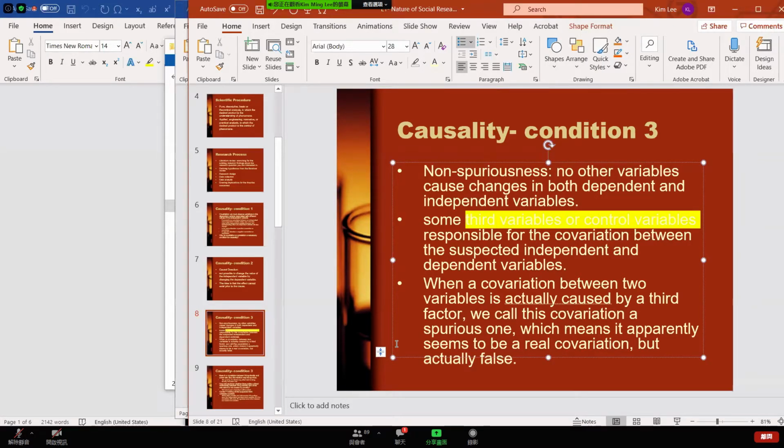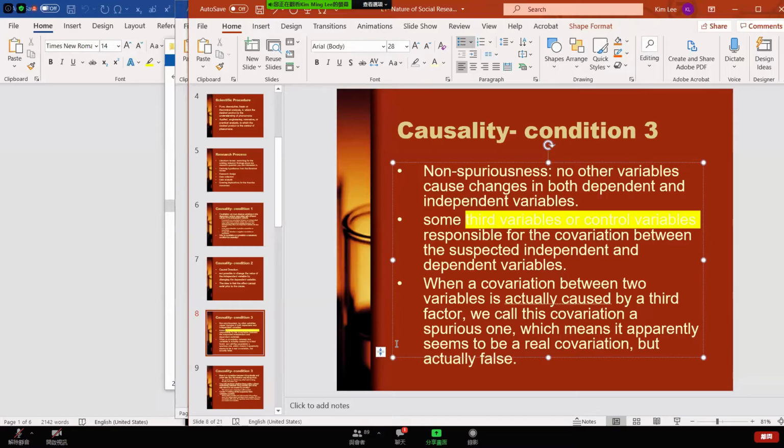Then you may ask, how do we know about those third variables or control variables? You need to do a literature review. In the literature review, you will find that in some previous studies, they always control some variables. That means those third variables, you need to control in your own research as well.